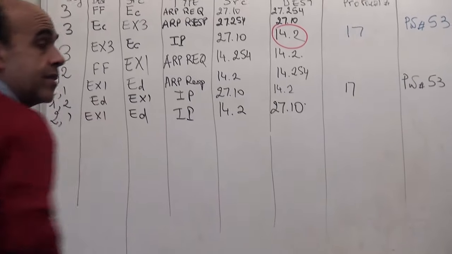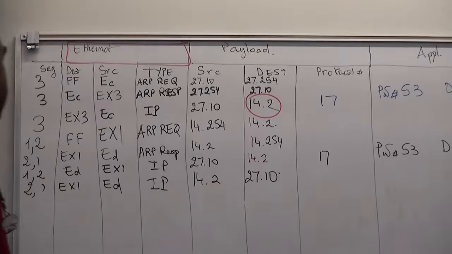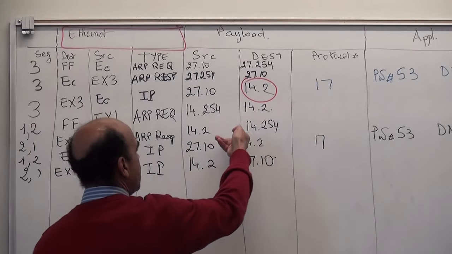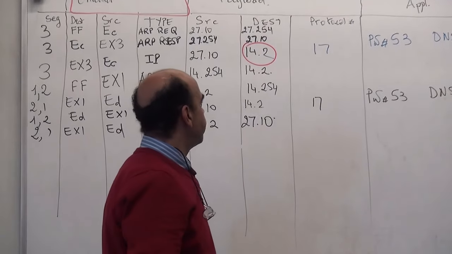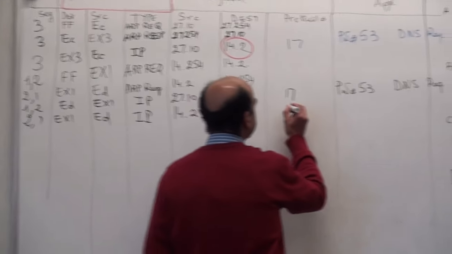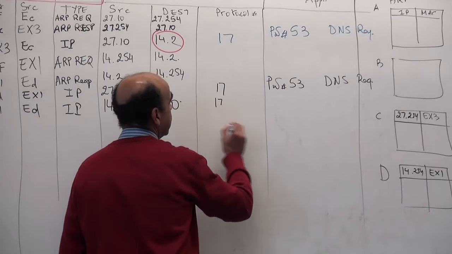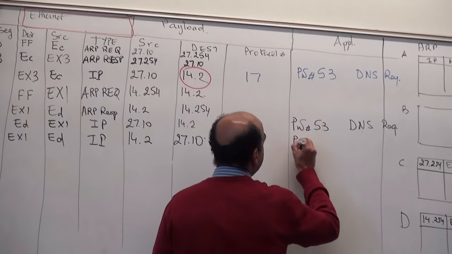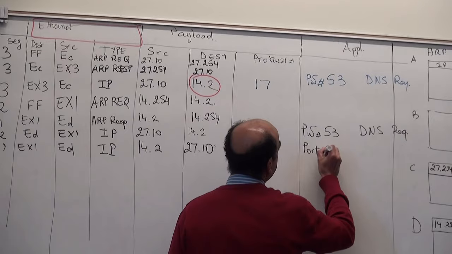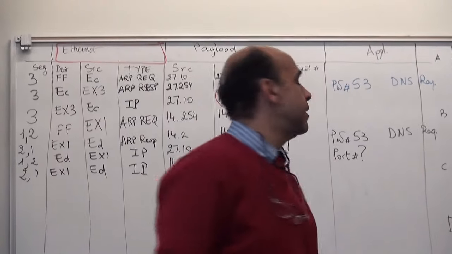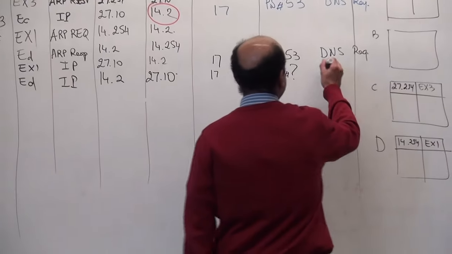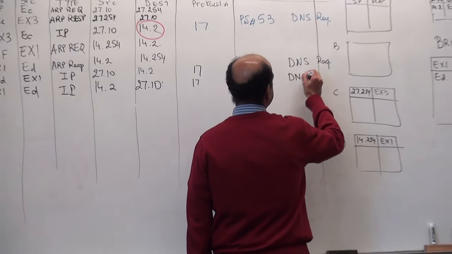That's the address of C, because remember we said we switch the IP addresses, okay? Now what is the protocol number? 17. It's still 17. What is the port number? We don't know here. It's just the client port, okay? And this one is the DNS response.